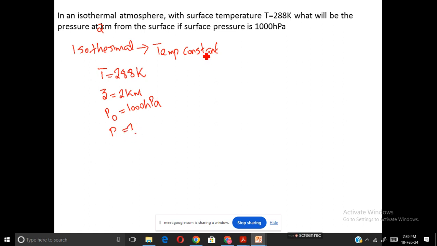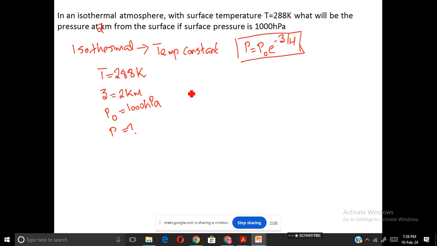So which equation will we use? We know this equation, P is equal to P0 e raised to minus Z by H; this is how the pressure varies in the atmosphere.